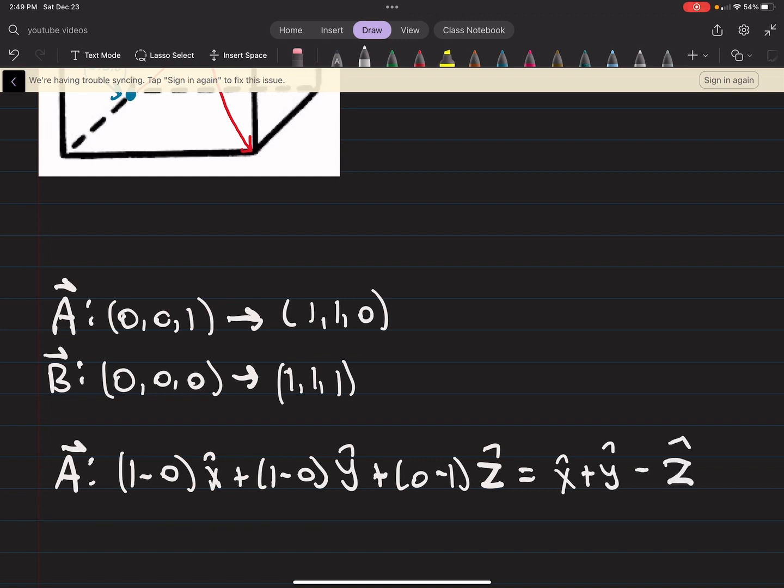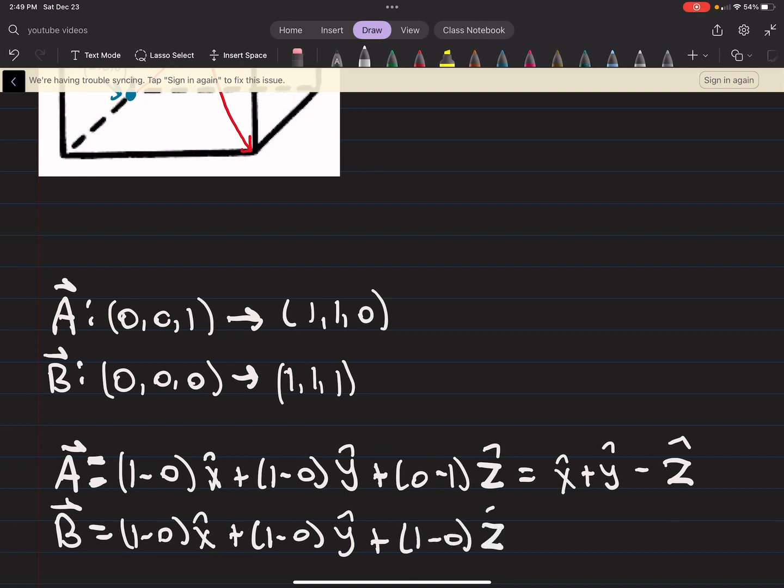So that's for vector A. Vector B, again, you can do the same thing, except it'll be 1 minus 0, x hat, plus 1 minus 0, y hat, plus 1 minus 0, z hat. And that's just going to be x hat plus y hat plus z hat. Okay?